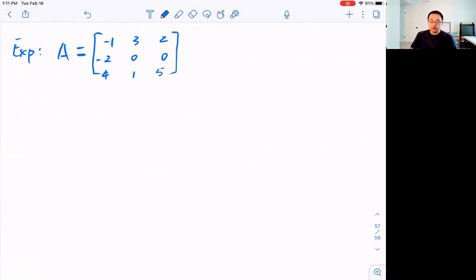Now, the way to find the determinant of this matrix is you can pick any row or any column and then take every element in that row or column, multiply by its cofactor, and then add everything together.